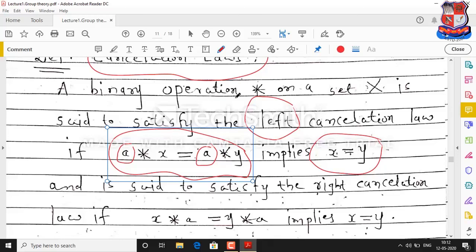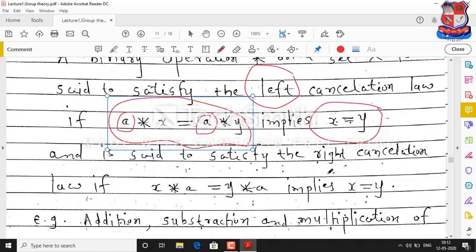Similarly, star is said to satisfy the right cancellation law if x star A equal to y star A implies, here we are considering A on the right hand side, x equal to y, then the operation is said to satisfy the right cancellation law.